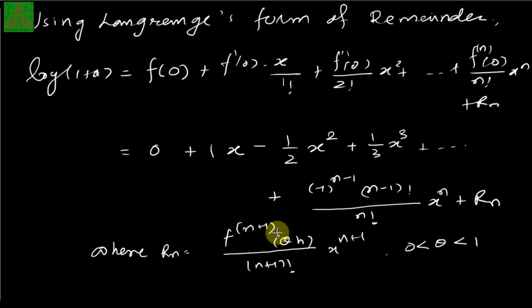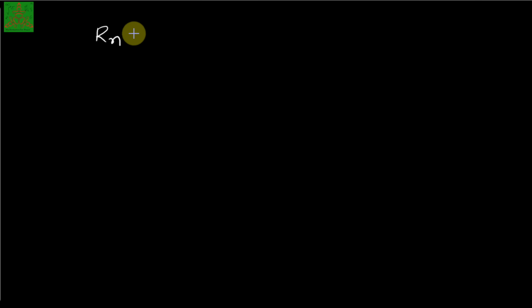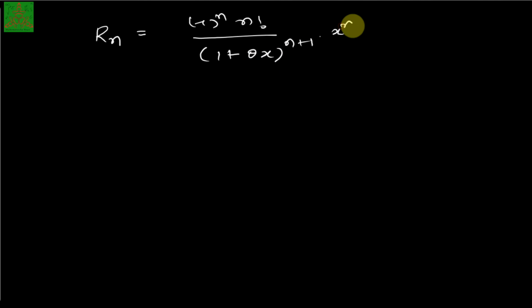So the n plus 1th derivative of this function will lead to, the ultimate goal is to prove this Rn tends to 0. So that will give me minus 1 raised to n into n factorial upon 1 plus theta x raised to n plus 1 into x plus 1.